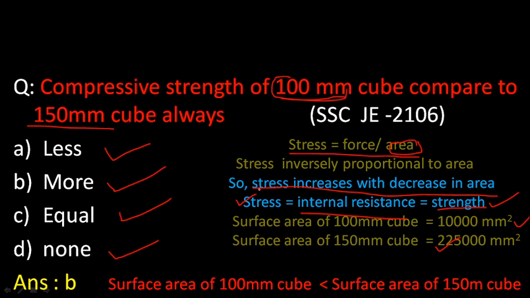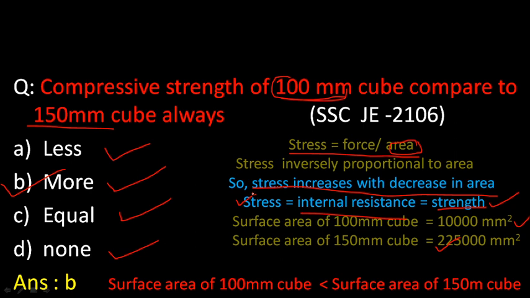So according to our principle, the strength is increased with decreasing area. So the area of the 100 mm cube is less, so the strength of the 100 mm cube is more. So the compressive strength of the 100 mm cube is more compared to the 150 mm cube. So the answer is B for this question.